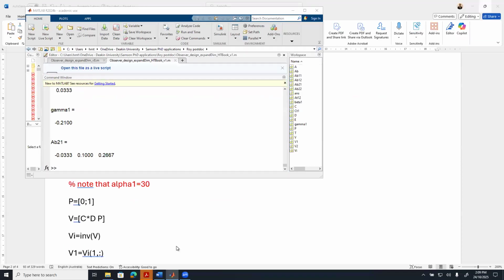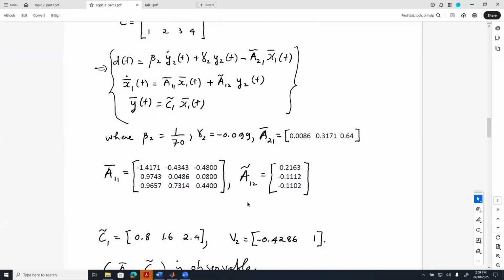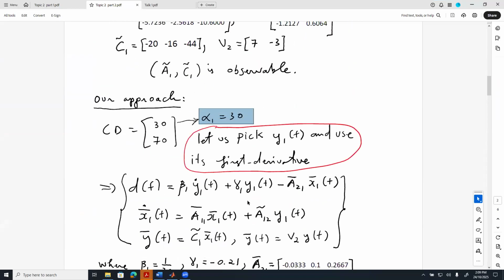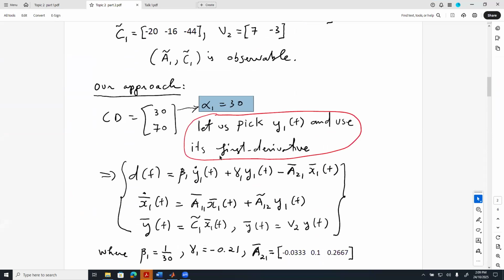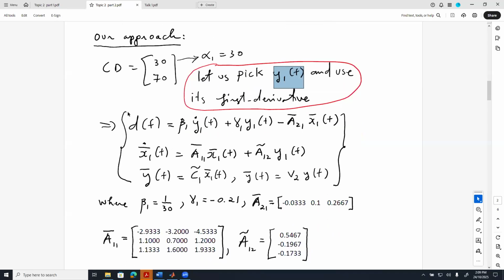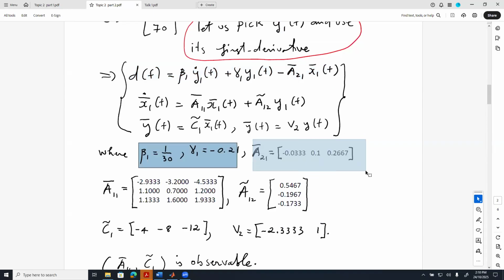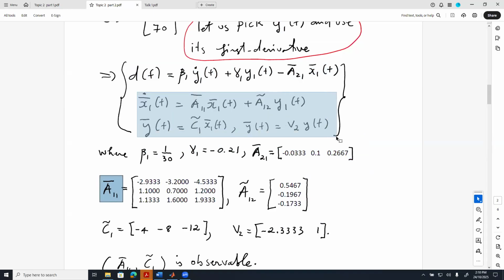And so this is the result of the decomposition. Okay, so we do our approach, and we pick y1, and therefore we have the decomposition in this form, and as a result we get beta 1, gamma 1, this linear function of the stack vector x1 bar of t, and we obtain submatrices for the reduced order system.